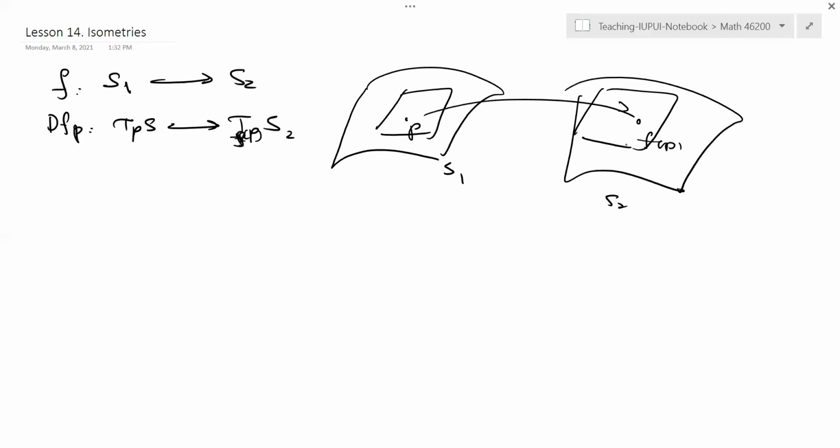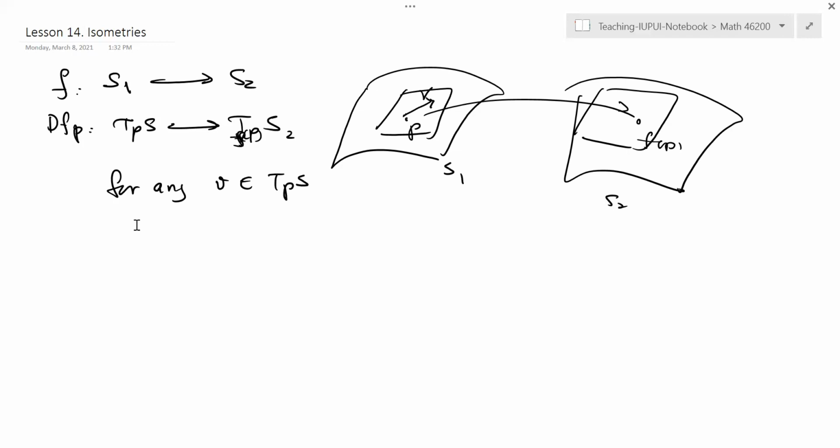How do we define the linear map? Let's try to recall the definition. The linear map is defined as follows. There are a couple of ways to define it. For any tangent vector v in the tangent space, I'm going to define it as follows.